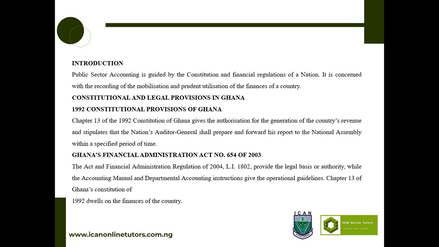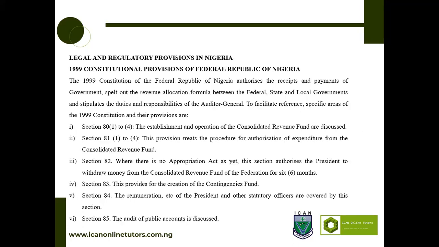And we have constitutional and legal provisions in Ghana. That is the 1992 Constitution of Ghana. So this is the law that governs the legal framework of the public sector in Ghana. We have the Ghana Financial Administration Act. This is not applicable to Nigeria, but these are enactments governed by their own constitution.